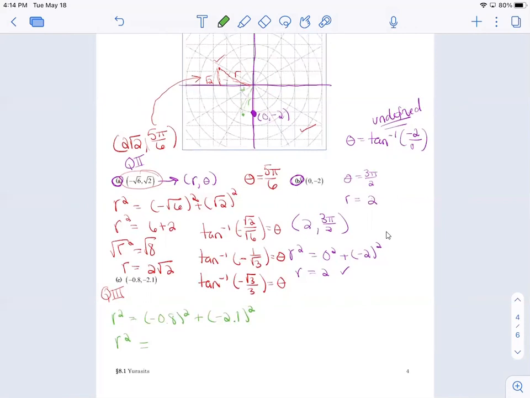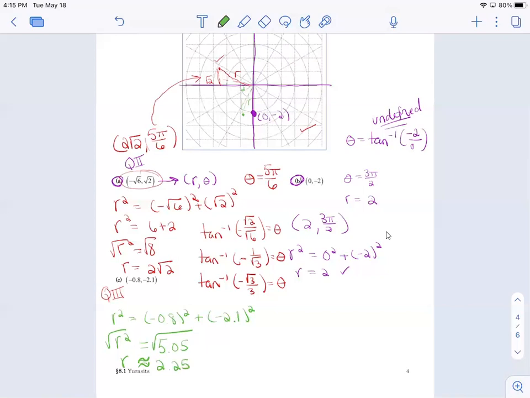Negative 0.8 squared plus negative 2.1 squared. I get 5.05. Take the square root. And we get approximately 2.25.